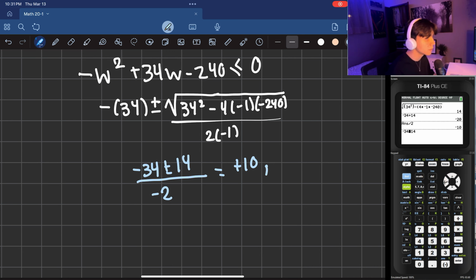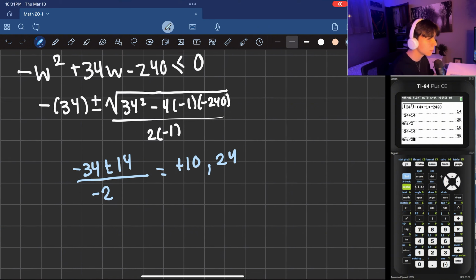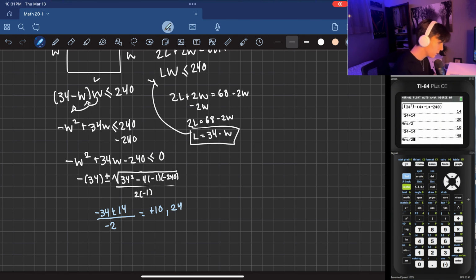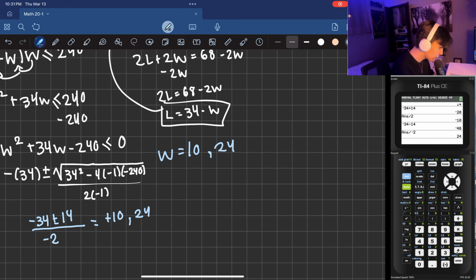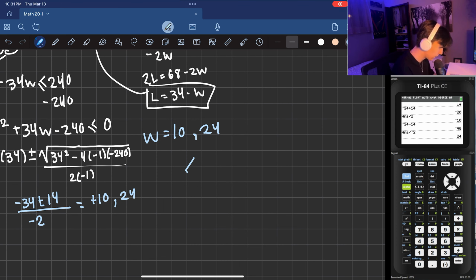So let's subtract here, and divide this by -2, and you get 24. So you get x is equal to 10, and x is equal to 24. Or in this case, w equals 10, comma 24.